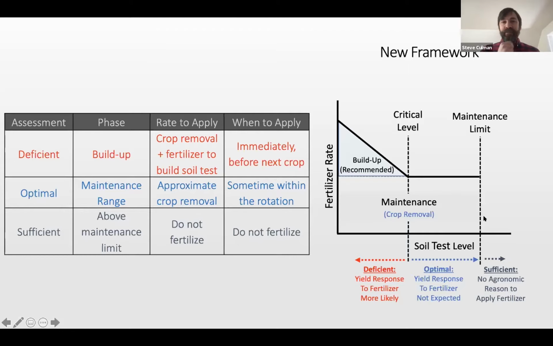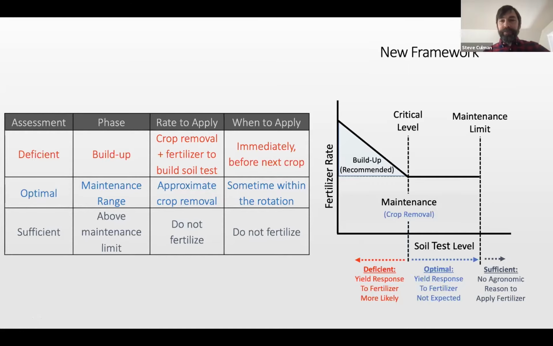Okay. And so we've got really three main assessments or phases that, depending on the soil test, we would place any given field or any given zone of a field in. It would be either deficient, which is below that critical level, where a yield response to fertilizer is much more likely.